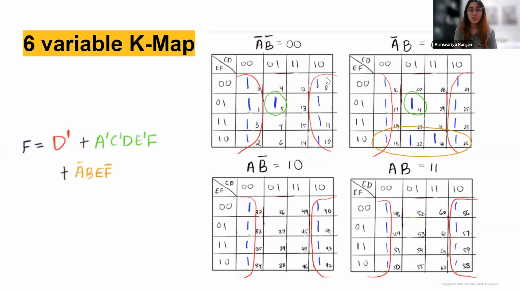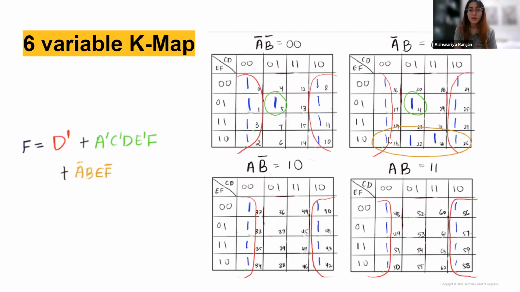So we have to see what is common in these two Kmaps. We see that in both of them, A is 0. So we could just limit them by saying they're in the Kmaps where A is 0, so A bar. So your total expression would be A bar, C bar D, E bar F. And finally, you want to express this.